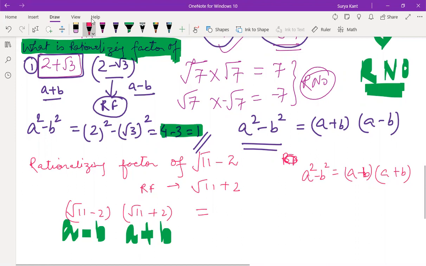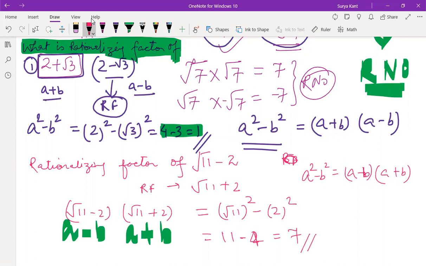So we can write here not 121. Root 11 whole square is what? Is it 121 or 11? 11. So is the answer 7? Answer is 7. Yes.